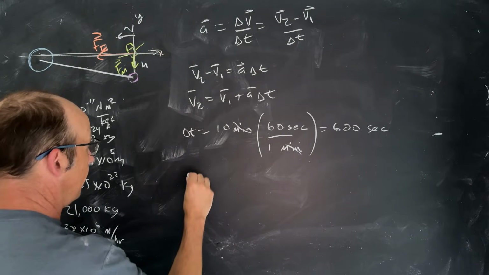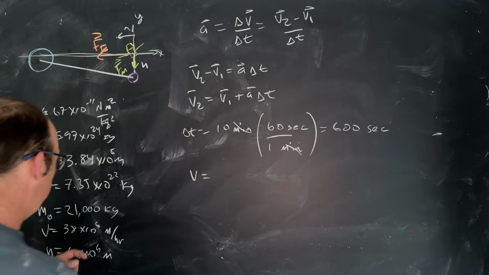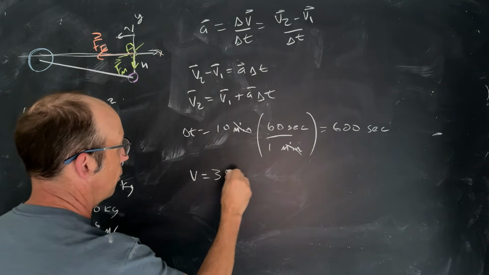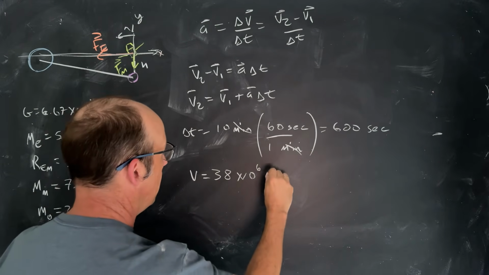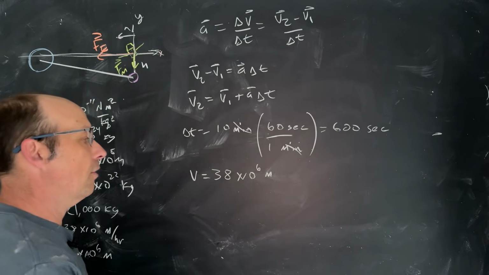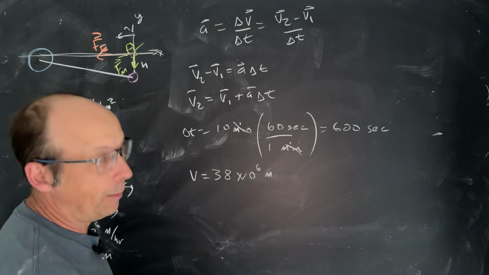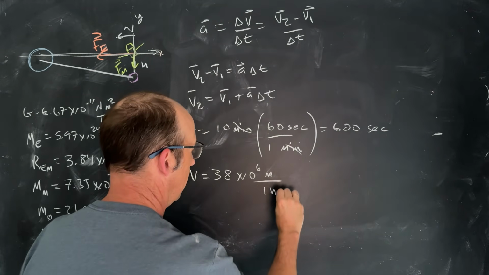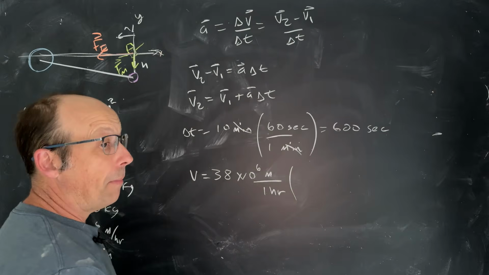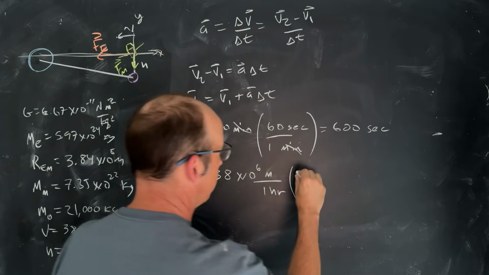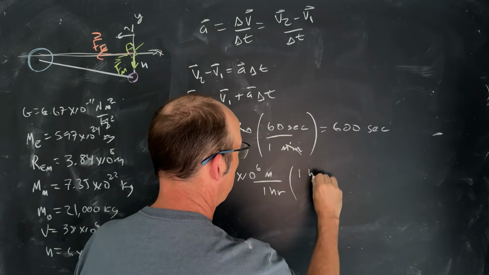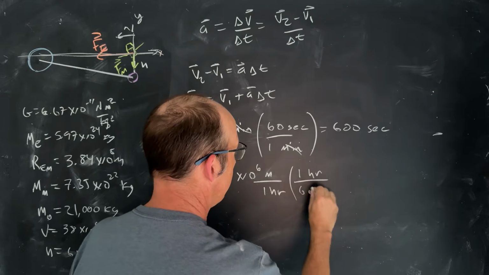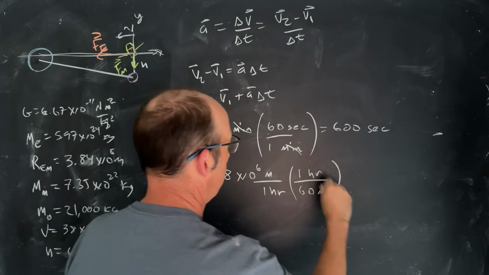Now I need to do the same thing with the velocity. The magnitude of the velocity is, I looked this up, 38 times 10 to the 6th meters per hour. It was 38,000 kilometers per hour, so I converted it to meters per hour. And again, we want to multiply by something that will cancel the hours. So I can say 1 hour is 60 minutes, and the hours cancel.